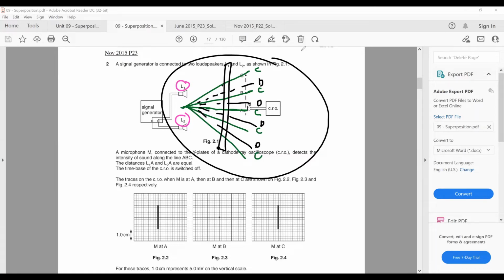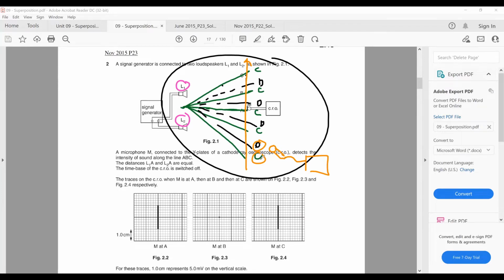So the only way you can detect those sound waves, the constructive and destructive regions of sound wave, is if you have a microphone connected to a CRO and then you move along this line. When you move along this line, you will expect to see regions of constructive and destructive.